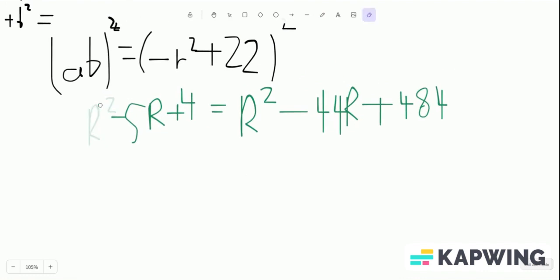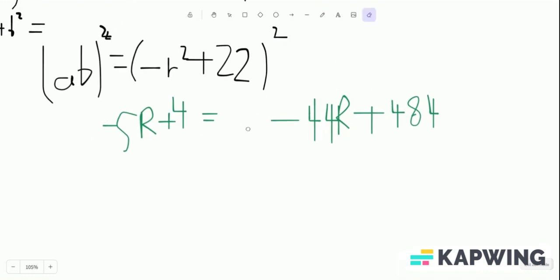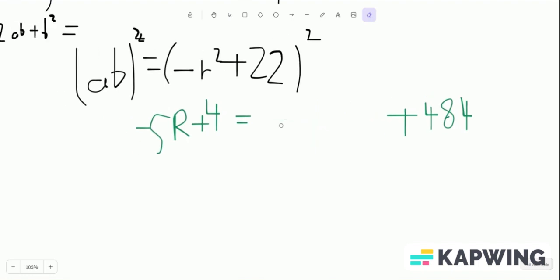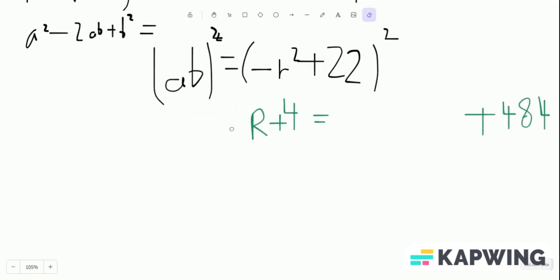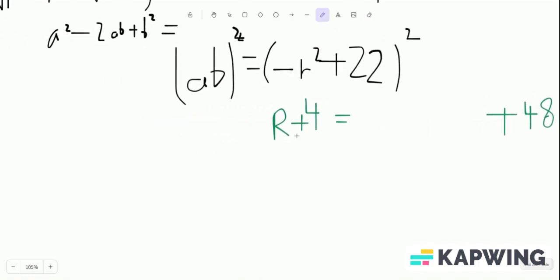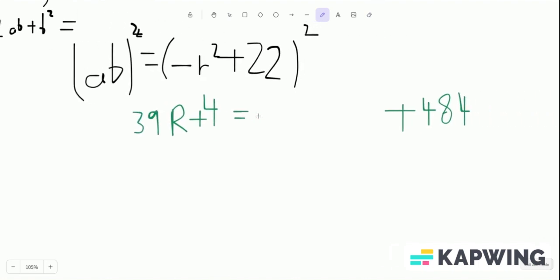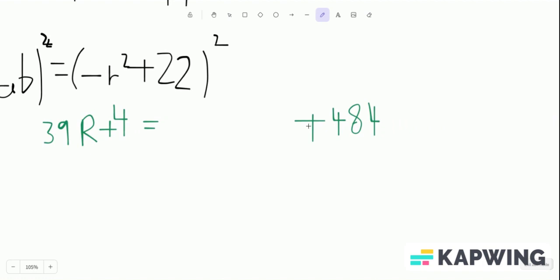Subtracting R squared from both sides and adding 44R, we would get 44R minus 5R is 39R, plus 4 equals this.